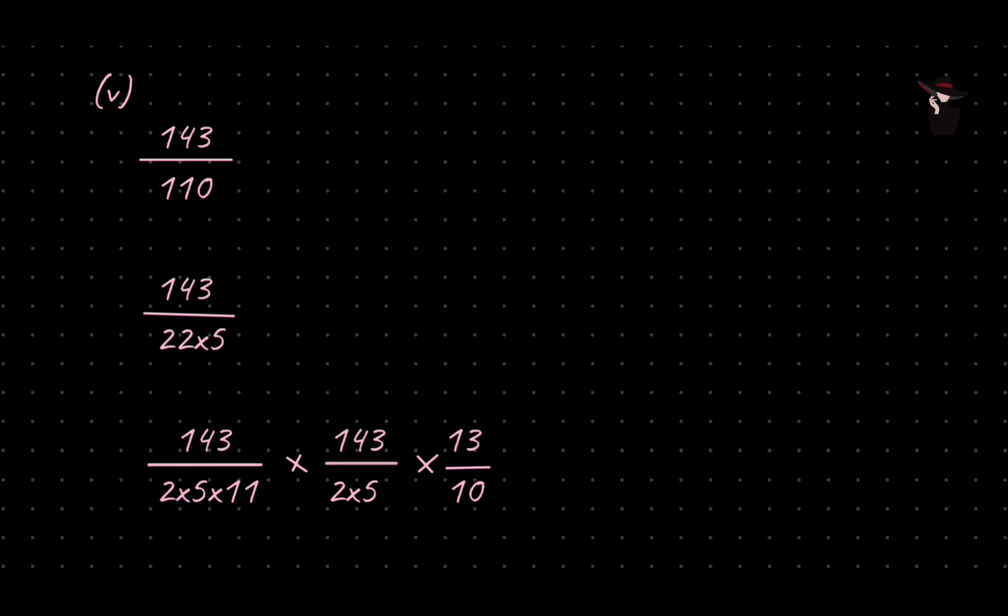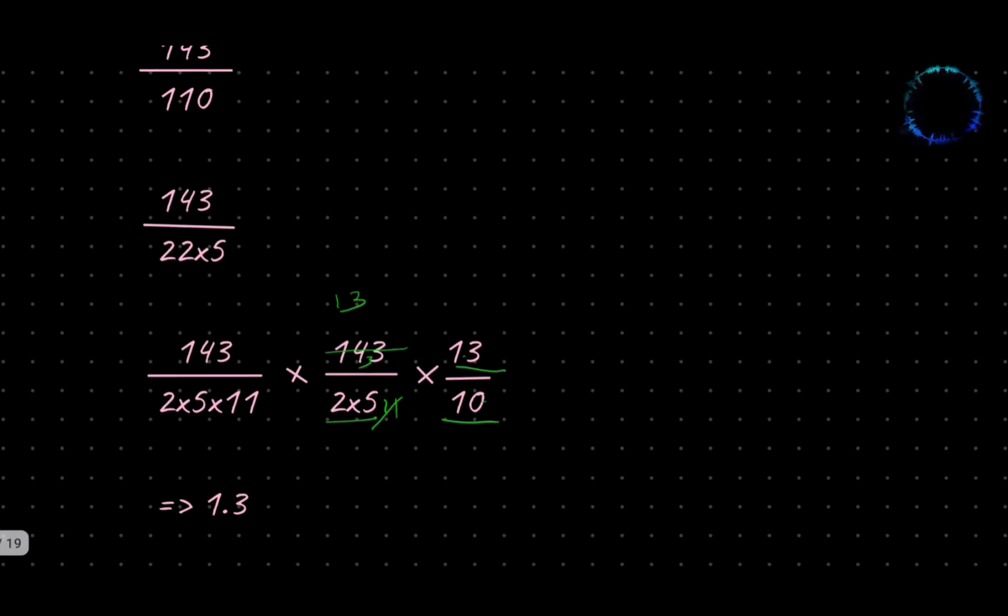Now we will cut out this 11 first, because we need to cut 11 ones 11, right? So 14 minus 11 is 3, 11 threes are 33, so we got 13 by 2 into 5, which is 10. So how many zeros do we have? 1 zero, after one number, which equals 1.3. Here we got the decimal form as 1.3.